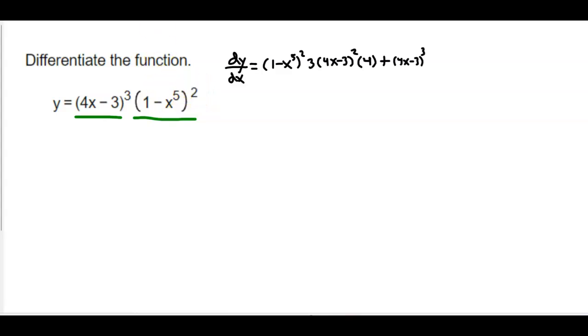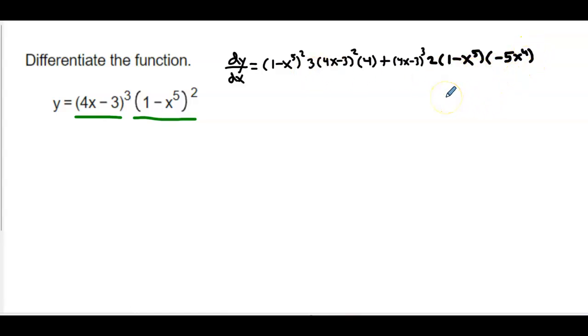So the 2 is going to come down. We'll rewrite the inside. Reduce the power by 1, so now it's to the first, and then we'll multiply by the derivative of the inside, which is negative 5x to the fourth. So this here is our derivative.